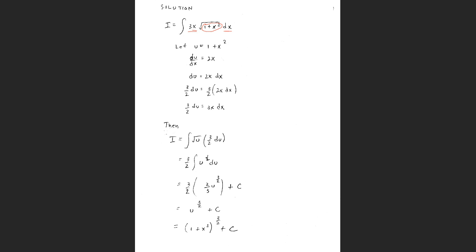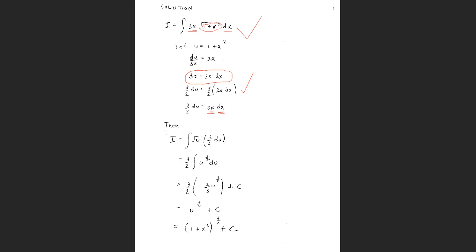So if du is 2x dx, and I multiply by 3 halves, I'll end up getting a 3x dx on the right-hand side. So 3x dx is 3 halves du. And now everything in this integral up here is accounted for.